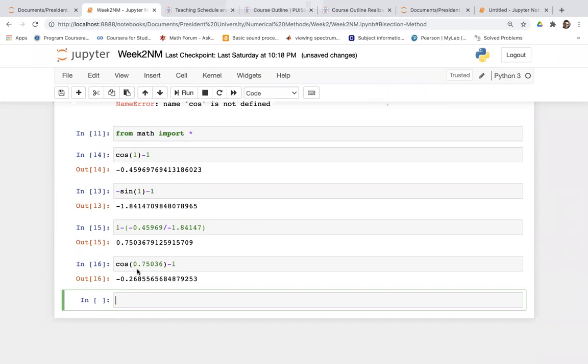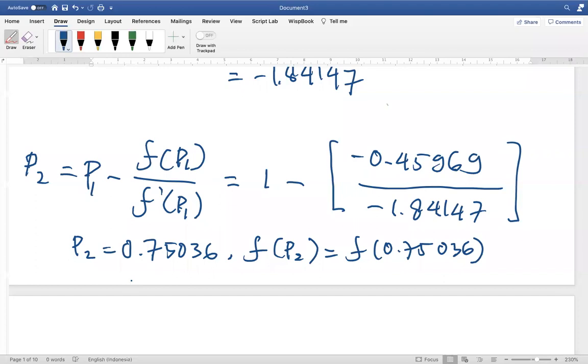So it's closer, right? Previously we have minus 0.45969, now we have minus 0.2685, yeah? Minus 0.2685.